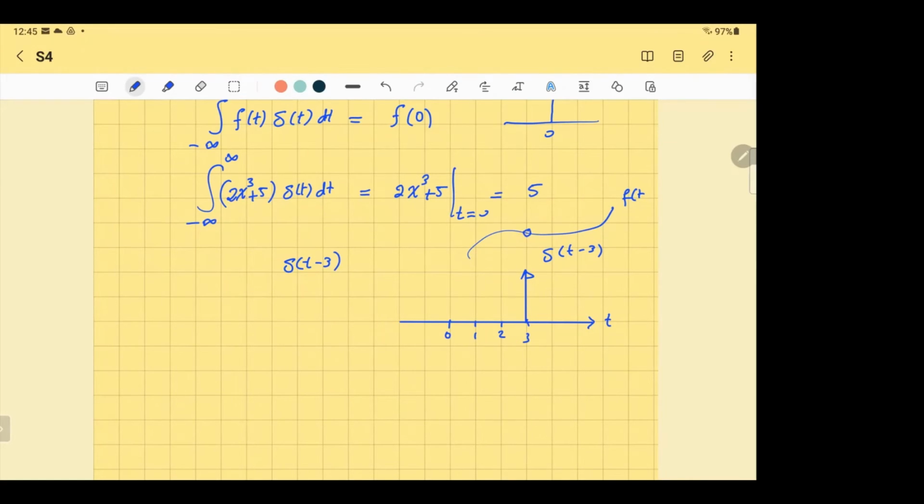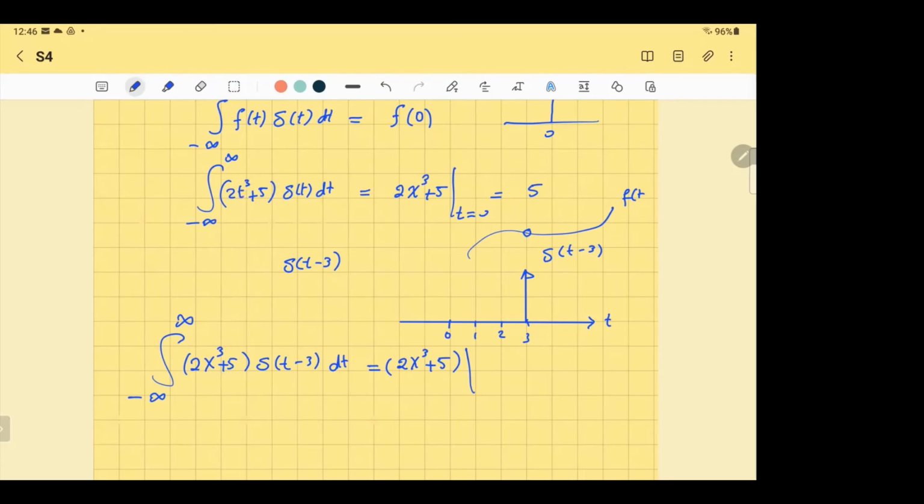So if I do the same example, I will have 2t cubed plus 5 times delta t minus 3, the integration from negative infinity to infinity. That will give me 2t cubed plus 5. I'm sorry, I used x, I should use t. That's a mistake, the variable is t.